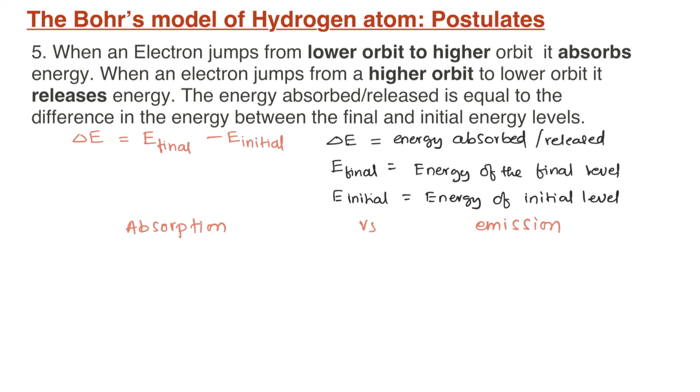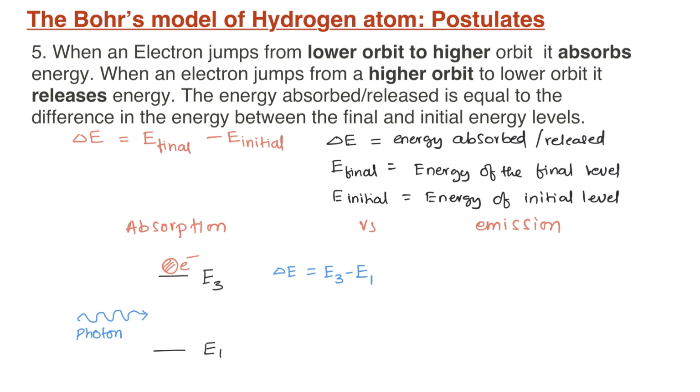For example, in the absorption spectrum, an electron absorbs a photon and jumps from E1 to E3. The energy absorbed can be calculated by the formula delta E is equal to E final minus E initial, that is E3 minus E1.